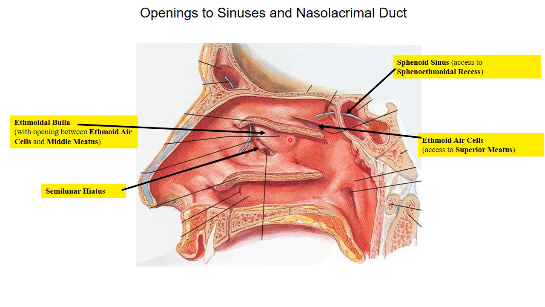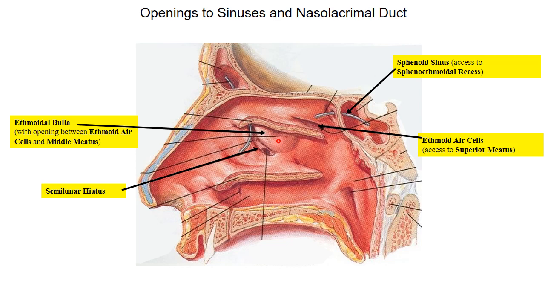It's a little bump that's hollow, and within it are some of those ethmoid air cells, specifically the middle ethmoid air cells. I don't care that you know that much. Just know that some of the ethmoid air cells are right in there. And there's a little hole right in the apex of the ethmoid bulla, and that's the opening between the ethmoid air cells underneath this bump and the nasal cavity.